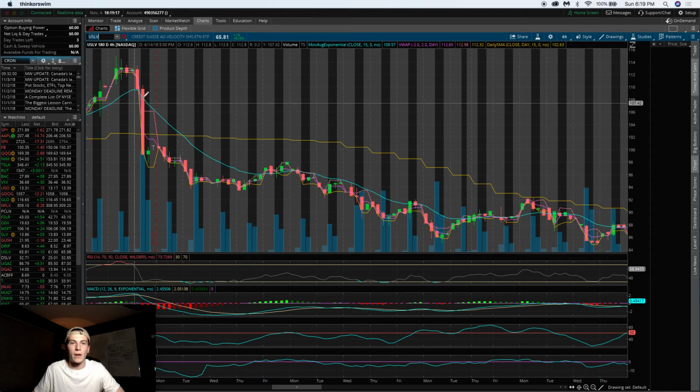So after it started downtrending, and this EMA also started downtrending, you can see that when the stock tried to push back upwards towards the EMA and tried to cross over it, it was rejected and continued to downtrend, and it's done that multiple times.